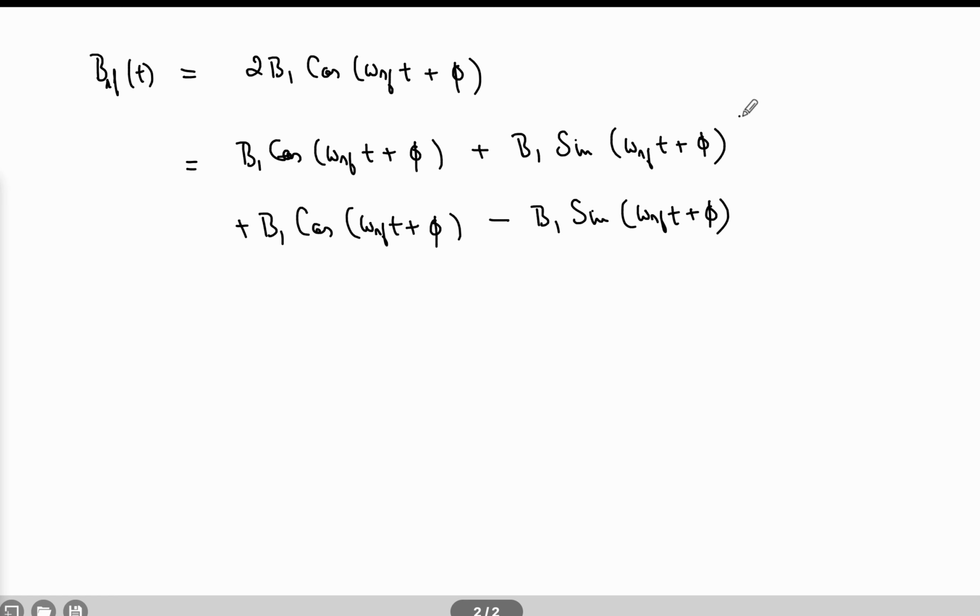But now these two can independently be considered as two rotating circularly polarized fields. So if this one is clockwise, then this one can be considered as counterclockwise, CCW.